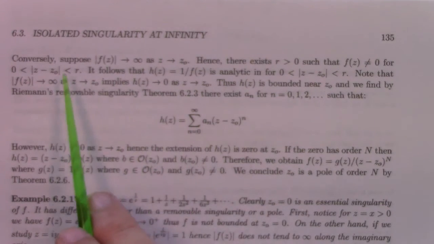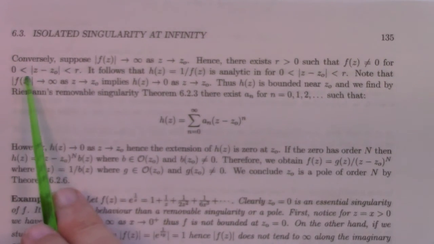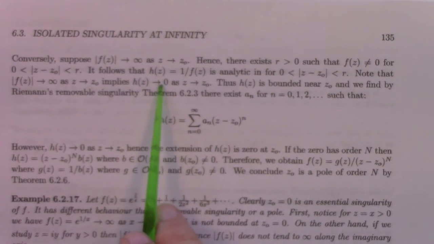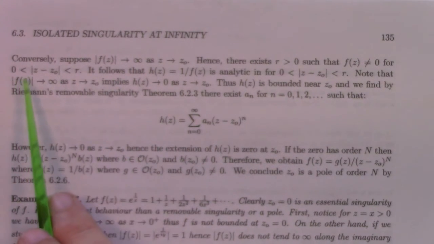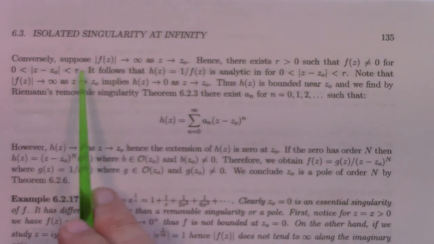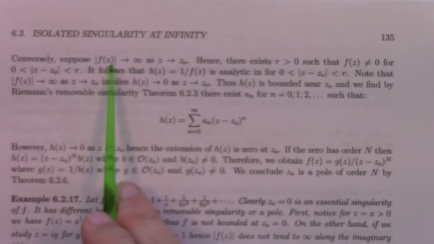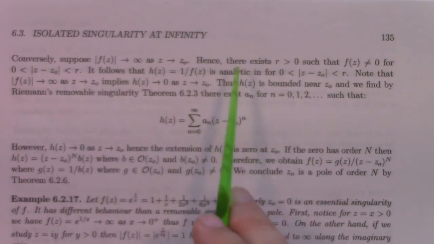It can't be 0 if you get sufficiently close to z naught. Of course it can't be 0 if this is going to infinity, right? Because if this is going to infinity, that means that if you get close enough to z naught, all of the values of f of z have moduli which are larger than whatever value you like to pick. So certainly they're not 0.